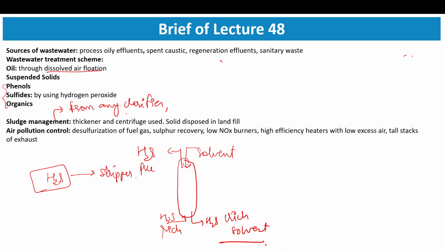In that case, to separate sludge from water or from any liquid stream, you can use thickeners and centrifuges to separate solid and liquid. And the solid, depending on the composition, can be disposed of in landfill sites.